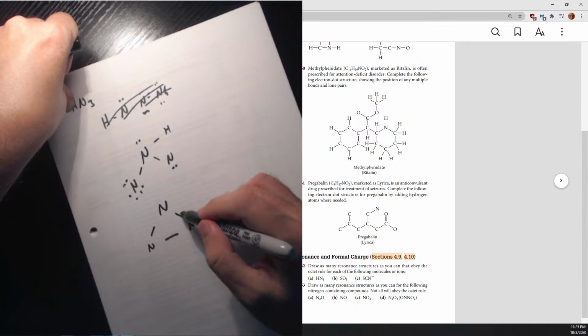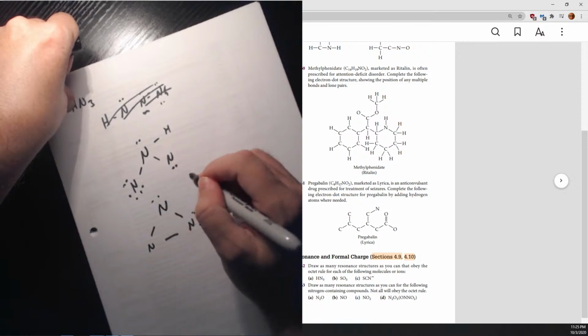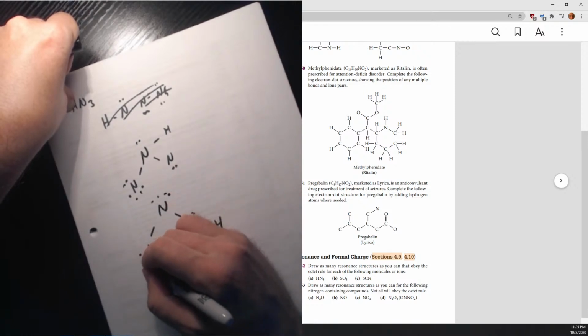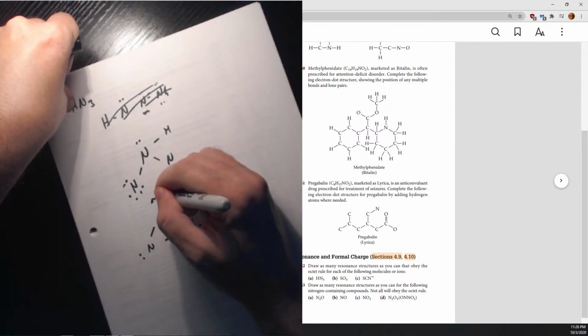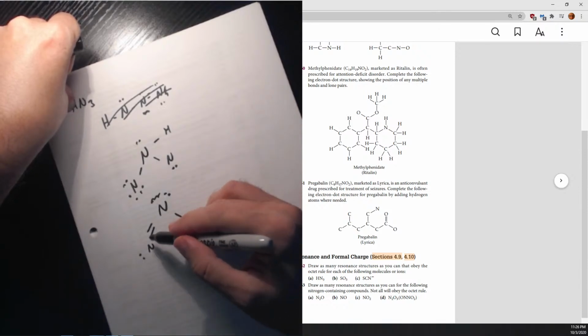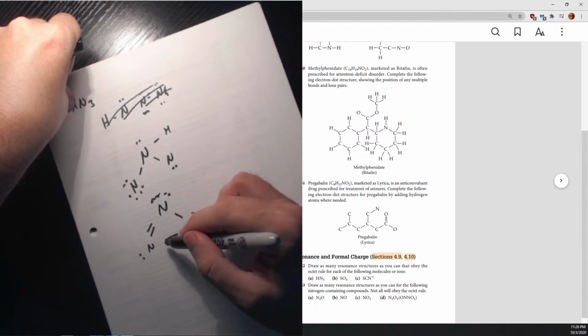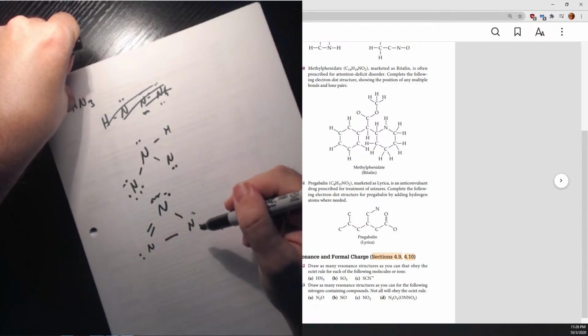So 2, 4, 6, 8, 10, 12, 14, 16. And then we make this into a double bond. Oof, that's nasty. But 2, 4, 6, 8, 10, 12, 14, 16, octet, octet, octet. It works, but man alive, is it ugly.